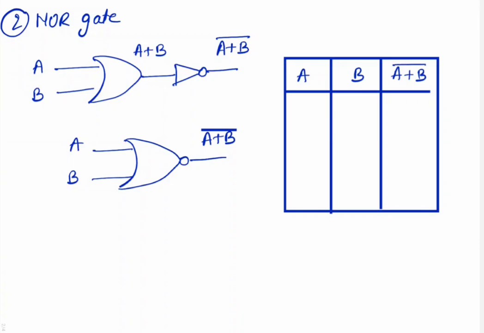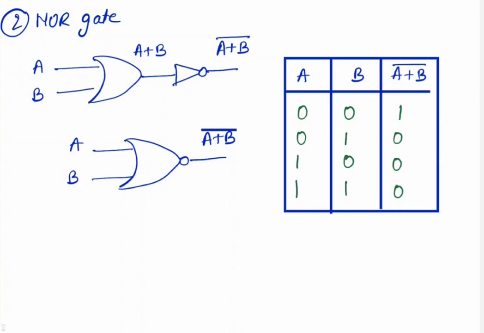Let's say I have two inputs, so there would be four conditions: 0 0, 0 1, 1 0, 1 1. So 0 plus 0 is 0, right? And the negation of it would be 1. 0 plus 1 would be 1, and the opposite of it would be 0. 1 plus 0 is 1. The invert of 1 is 0. 1 plus 1 is 1, and the invert of 1 is again 0. This is your NOR gate.